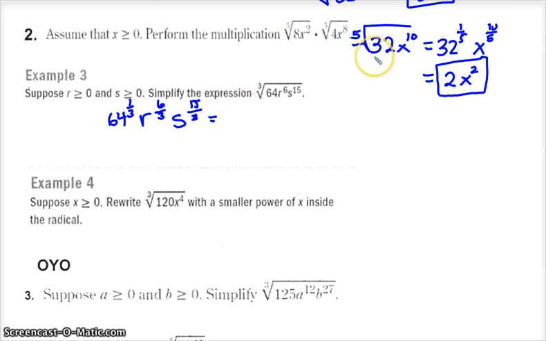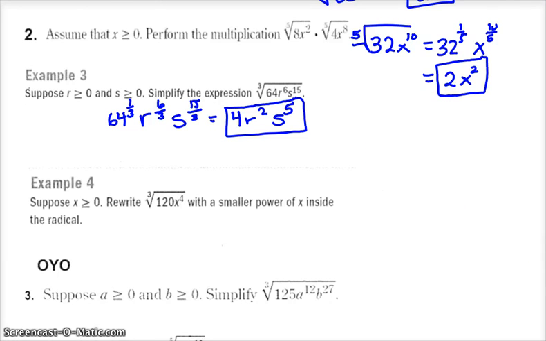You can see I'm essentially dividing every exponent by 3. The third root of 64 is 4. I simplify my exponents, so it's r squared s to the 5th. And again, when I'm taking the third root, I'm essentially dividing every exponent by 3.